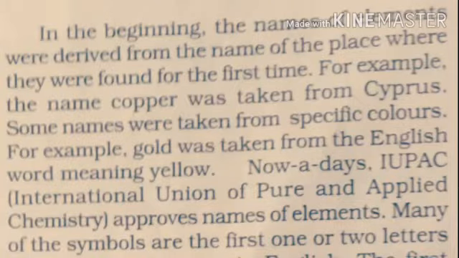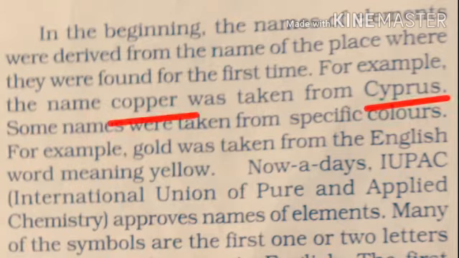According to that, the first attempt was made. In the beginning, the names of elements were derived from the names of the place where they were found for the first time. For example, the name copper was taken from Cyprus.